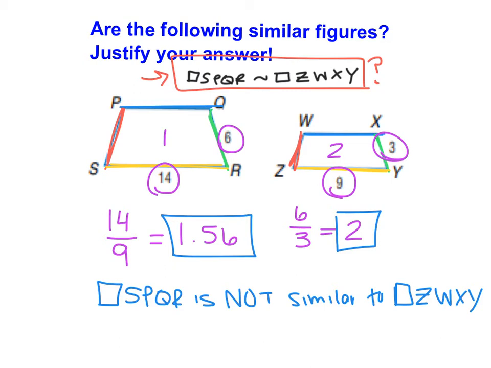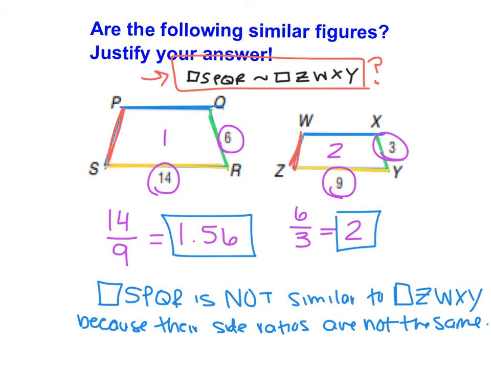And we can see that it's not similar to quadrilateral ZWXY because their side ratios are not the same.